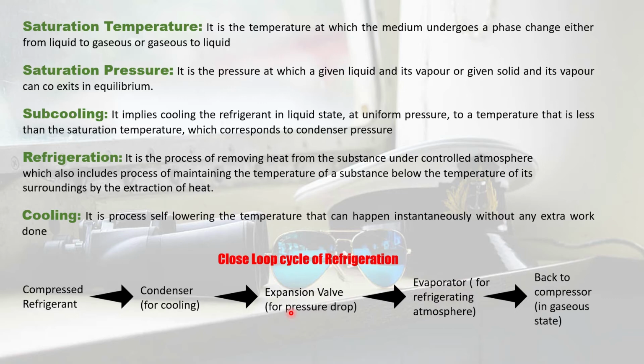After the expansion valve, in the pressure drop, the refrigerant exits as a mixture of liquid refrigerant and vapor refrigerant, and this is sent to the evaporator, where the mixture completely undergoes a phase change to gaseous state. After the evaporator work is done, it is sent back to the compressor.